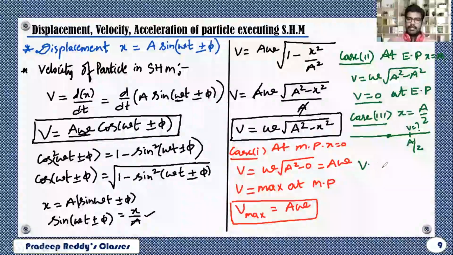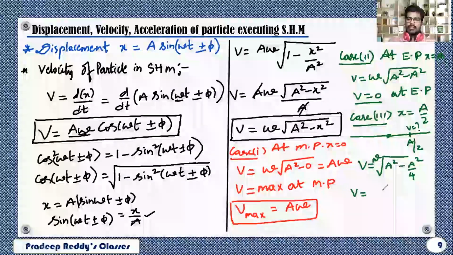So v will be equal to omega into under root a square minus a square divided by 4. 4a square minus a square is 3a square. V is equal to root 3 omega into a divided by 2.